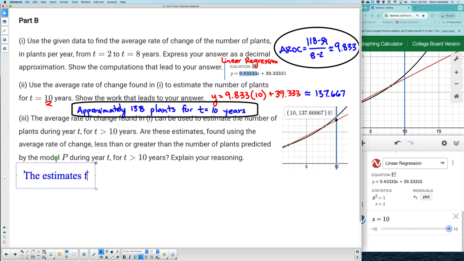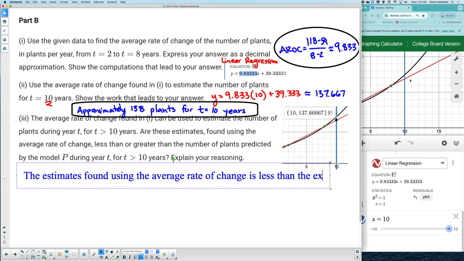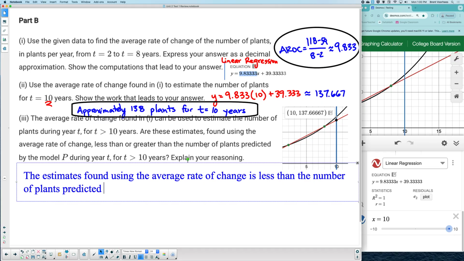The estimates found using the average rate of change is less than the number of plants predicted by the model P during year t for t greater than 10 years.